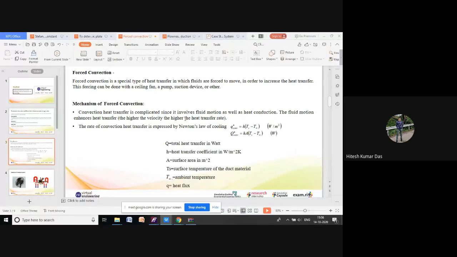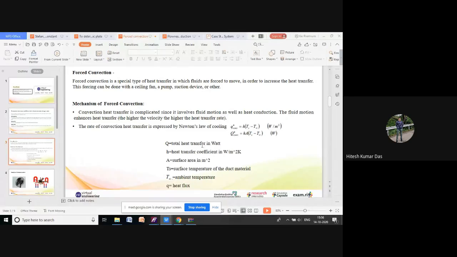You can see here Newton's law of cooling. Heat transfer is denoted as Q equals h A delta T, and heat flux q is per unit area, so it is equal to h delta T, where A is 1.